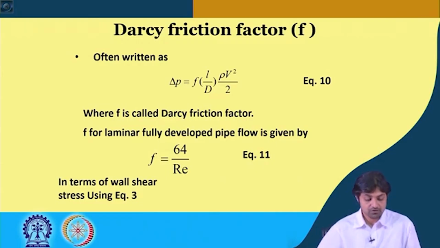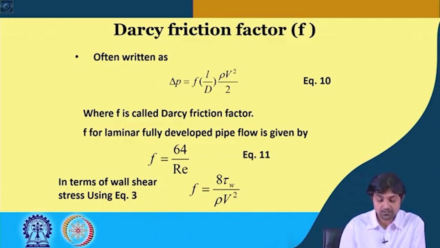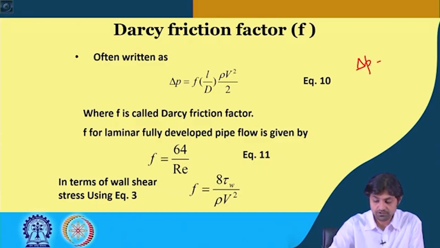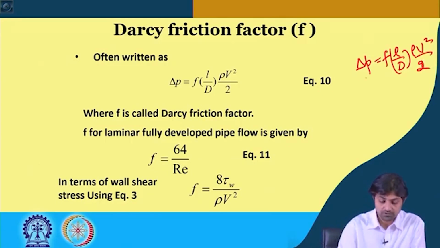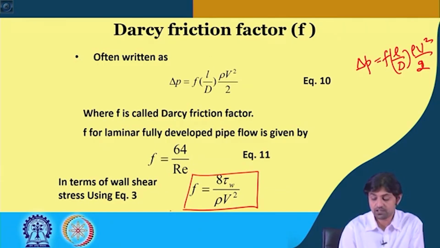Now in terms of wall shear stress, if we use equation number 3, F can be written as F L by D into rho V square by 2, and in terms of wall shear stress, using equation 3, we will get F is equal to 8 tau W by rho V square.